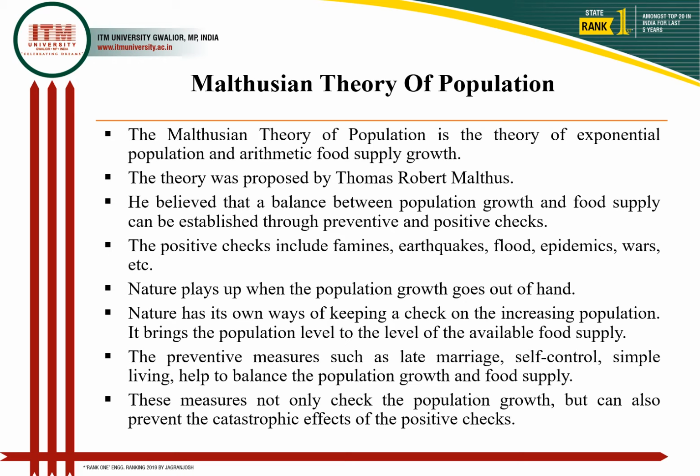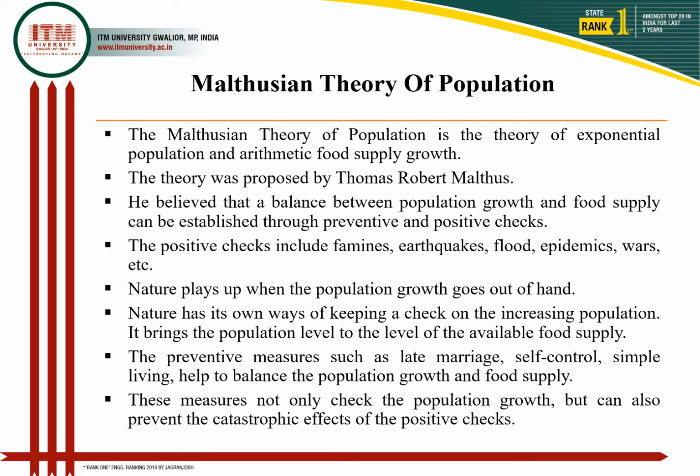What are the positive checks? These are the checks which are played by nature, which is going to create a catastrophic impact over the population, and it occurs when the population is not under control and is increasing vigorously.